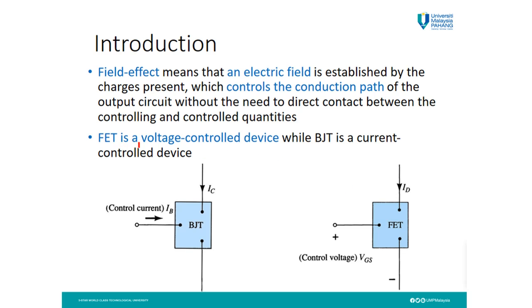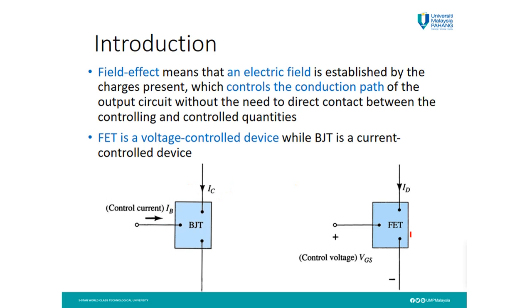Then the FET is a voltage control device, while the BJT is a current control device. You must be able to differentiate the difference between the BJT and the FET. In Analog Electronics 1, you learned about the BJT, where the BJT is the current control device, where the IB actually controls the output IC.